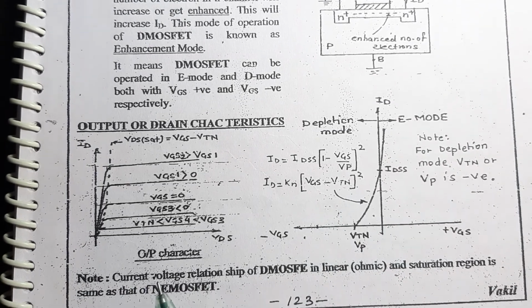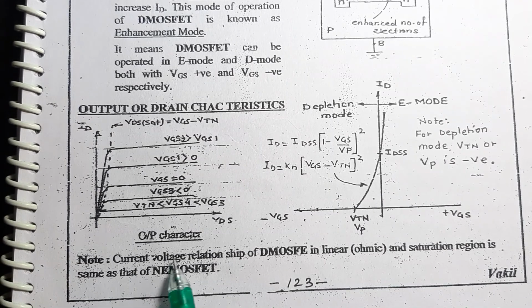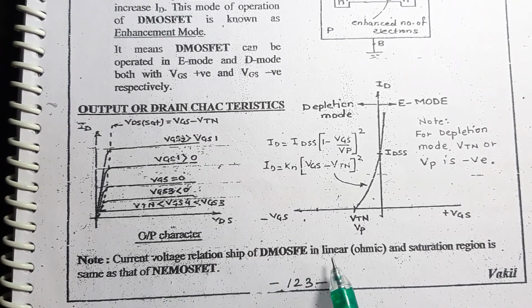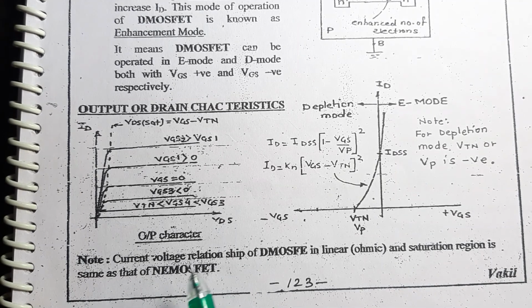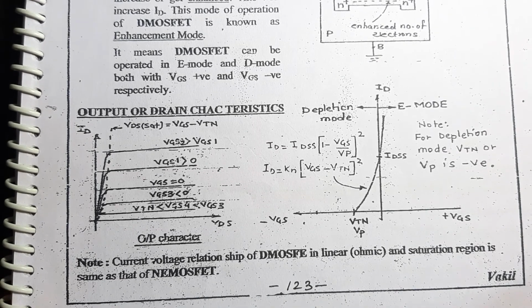Now we need to note an important relation, that the current voltage relationship of D MOSFET in linear and saturation region is the same as that of N channel E MOSFET. So yes, D MOSFET and E MOSFET have the same current voltage relationship in the saturation region.